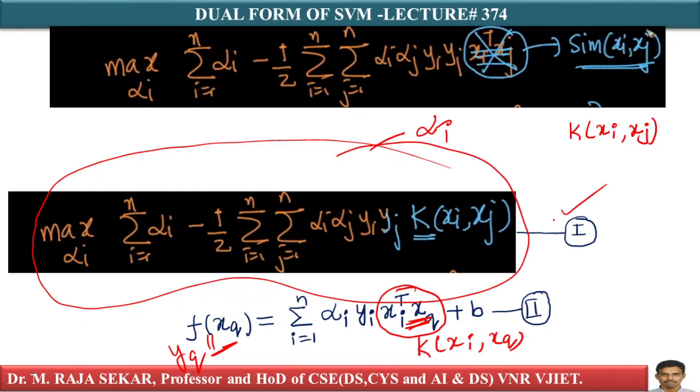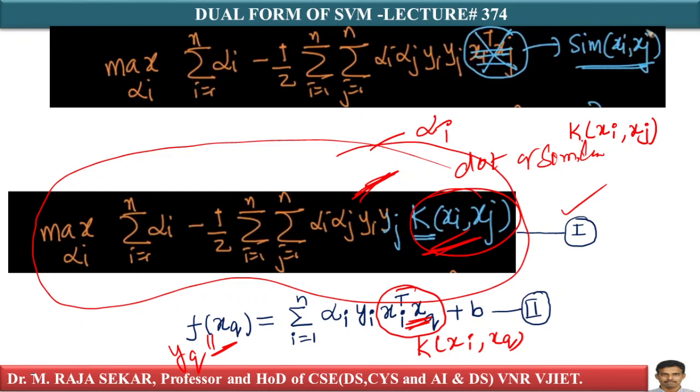Because in this formulation, I don't need xi comma xj explicitly. I need them only in the dot product form. That point is important. I need only the dot product format, or I can say some similarity format.